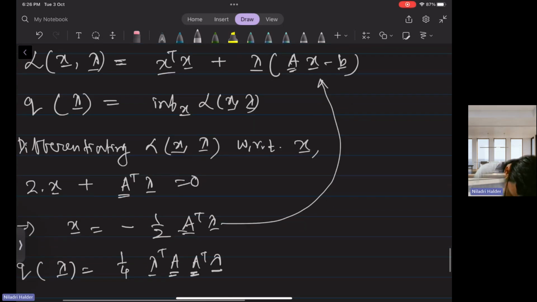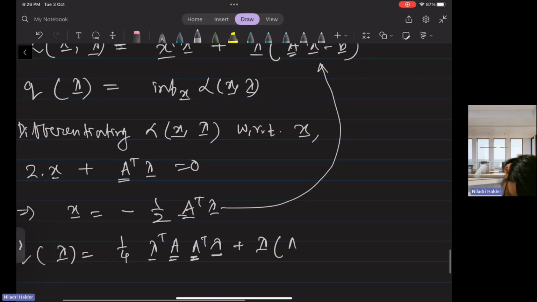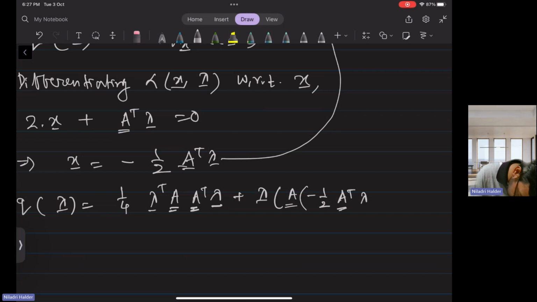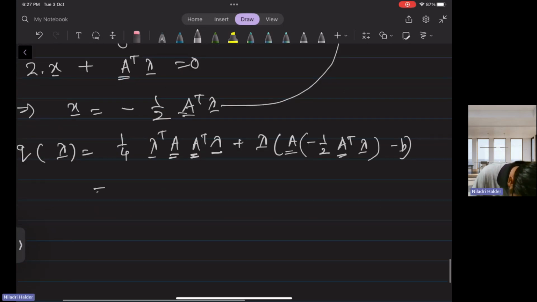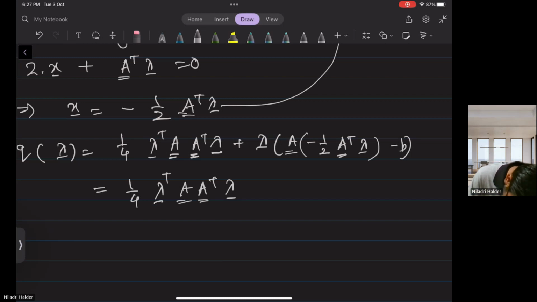plus lambda times (A x minus b), with x equal to minus half A transpose lambda.